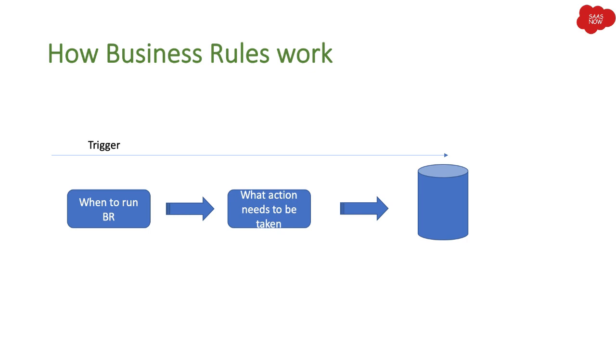So the first is the trigger point: you are triggering the event and that business rule as per the operation the user is taking. Then you have action. It checks what action I need to take. Once it is decided, yes, that action I need to take, then it takes that action on that particular table. So this is how business rules work.